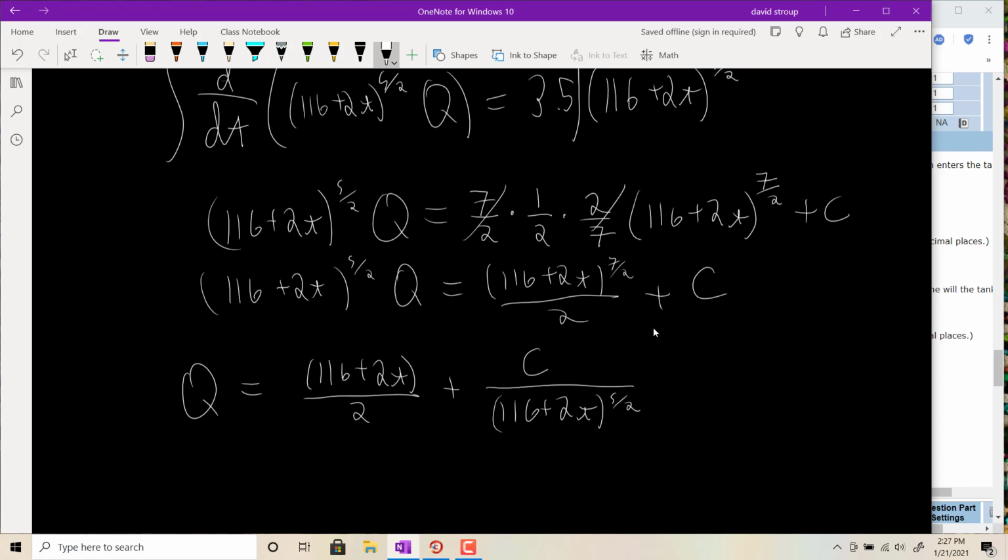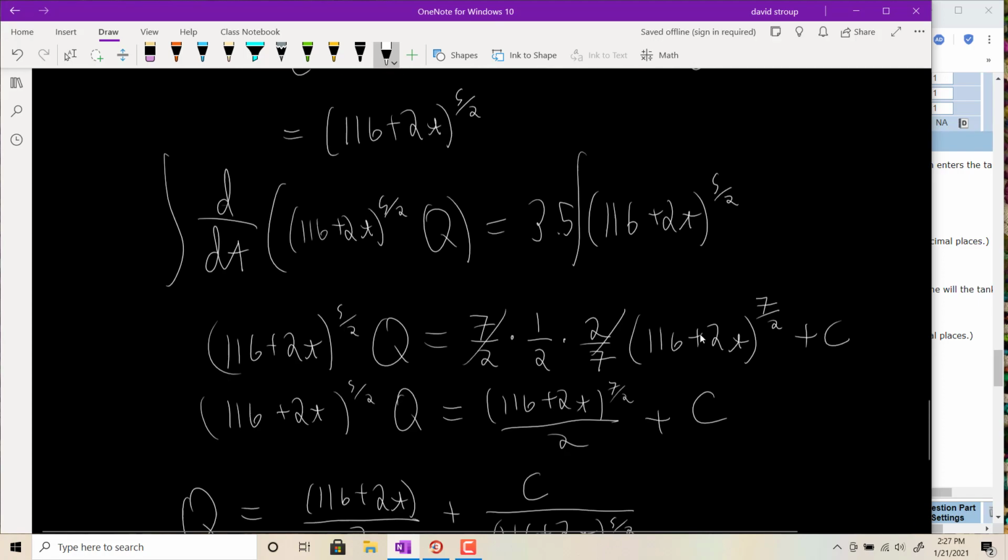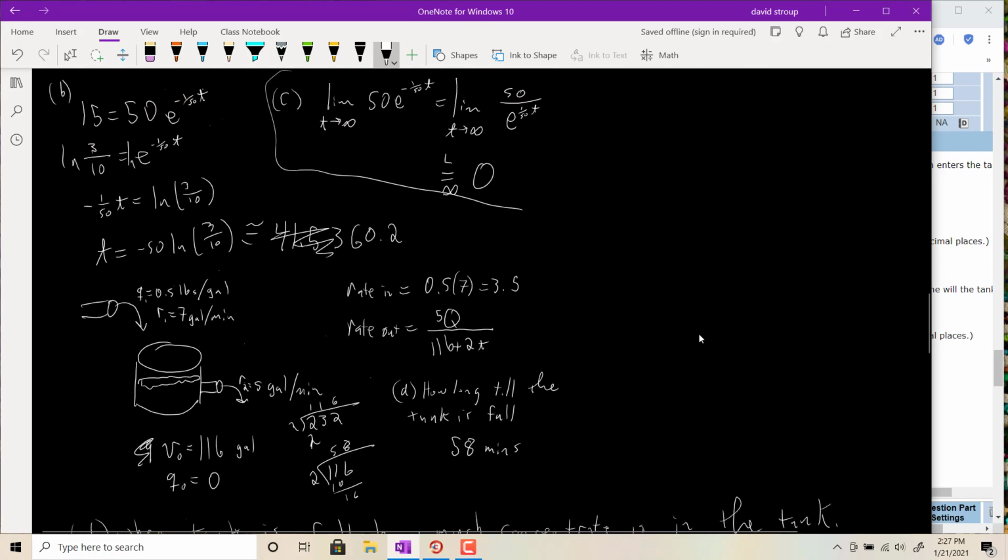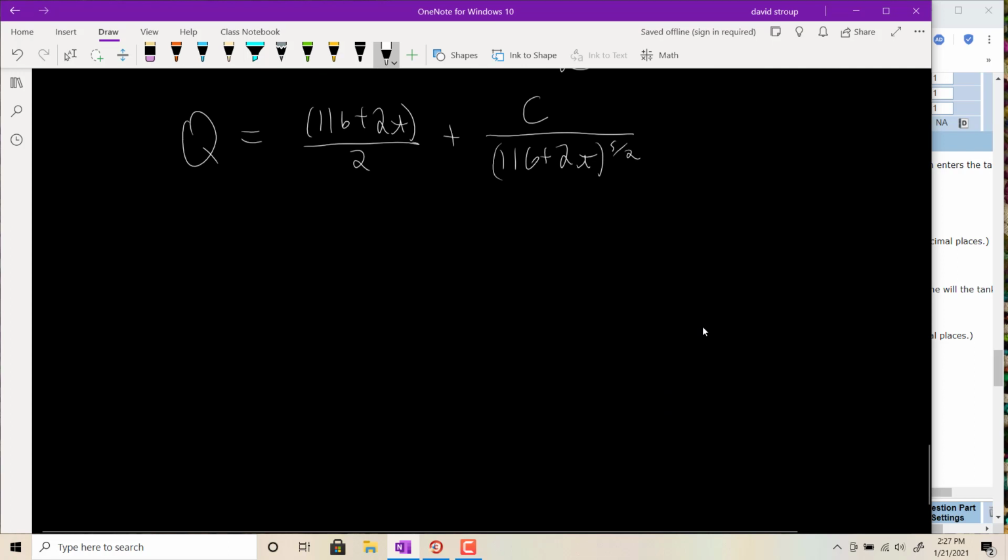Then we have to figure out what C is, so you use your initial amount of concentrate, which is 0. So you're plugging in 0 for t and 0 for Q. That'd be 116 over 2, plus C over 116 to the 5/2.